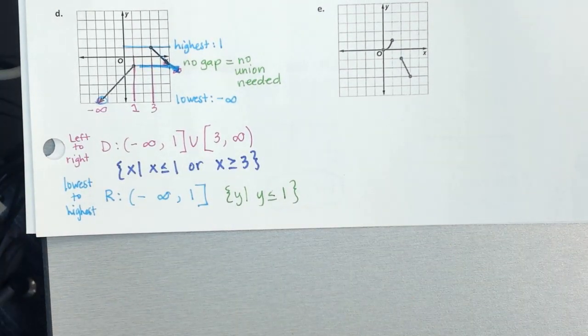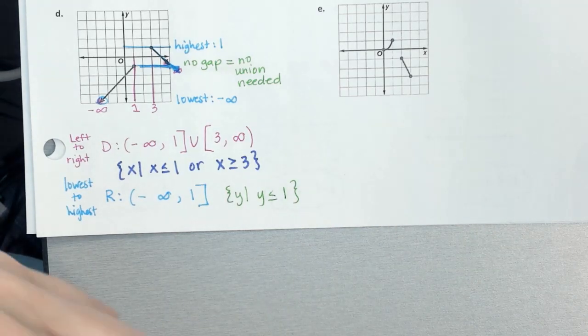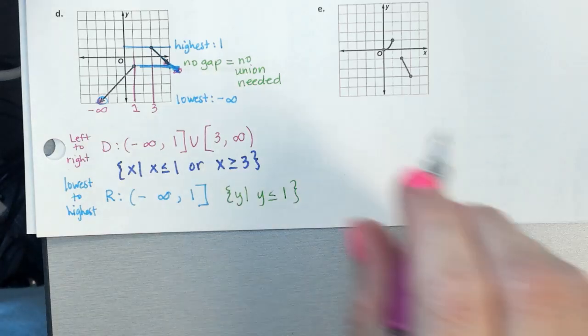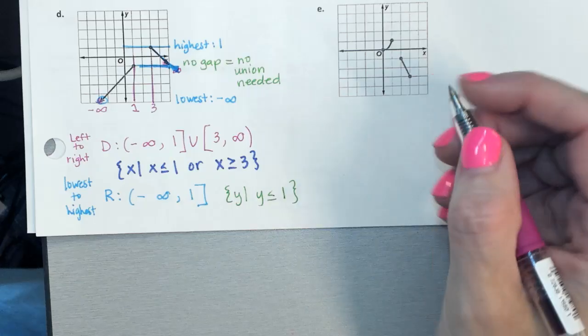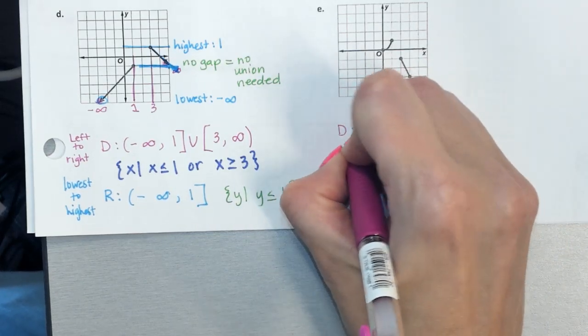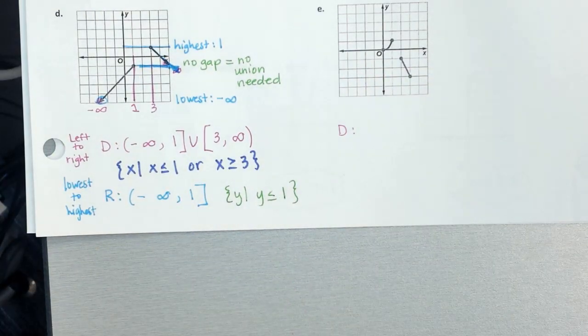All right, I'm feeling good at letting you try the domain in your interval notation. And if you want to try the set builder, go ahead and do that as well. If you're feeling hesitant, that's okay too.